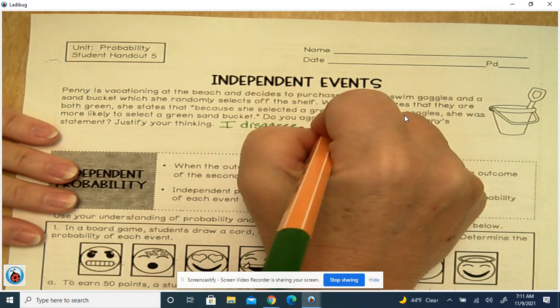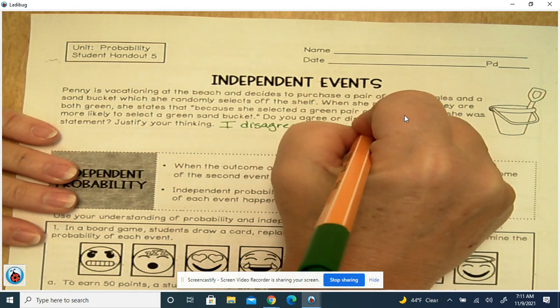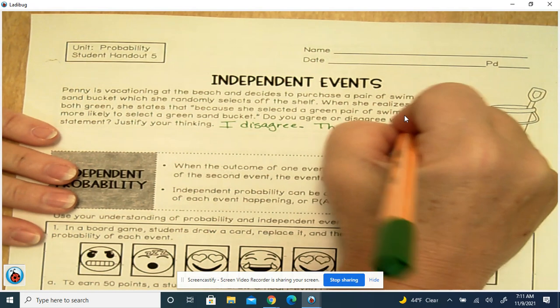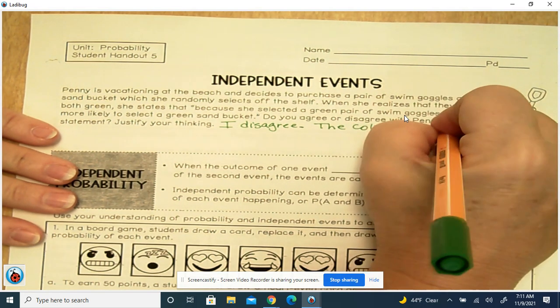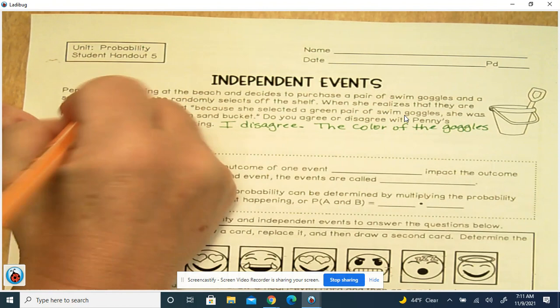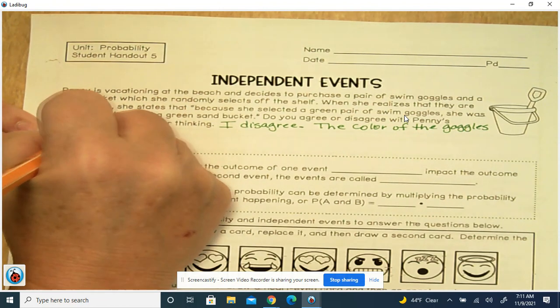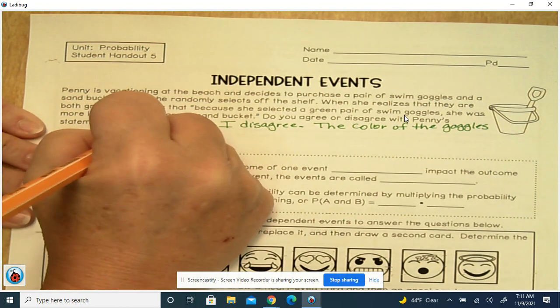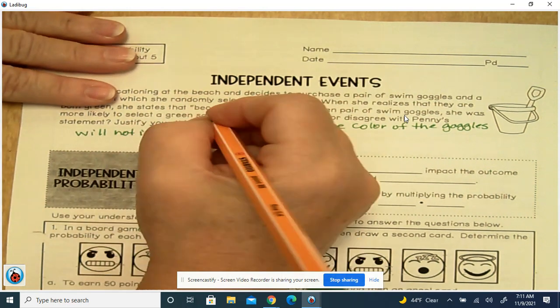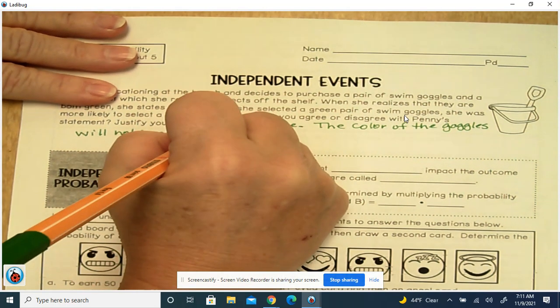The color of the goggles will not impact the color of the sand bucket.